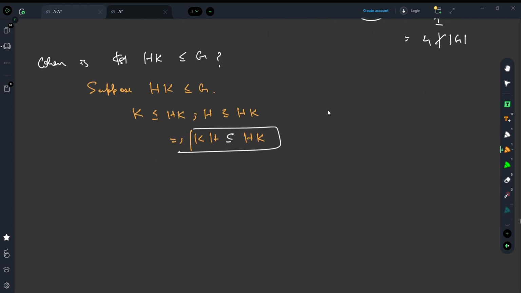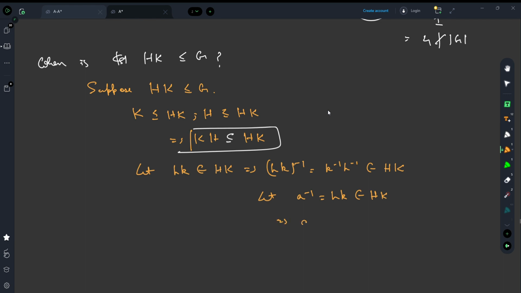Now suppose I choose an element out from HK. Let small h small k be an element out from HK. But then by closure, the inverse of this, which is precisely of the form K inverse H inverse, is an element of HK. So let A inverse be in capital HK.